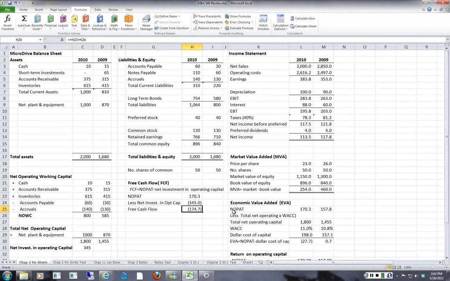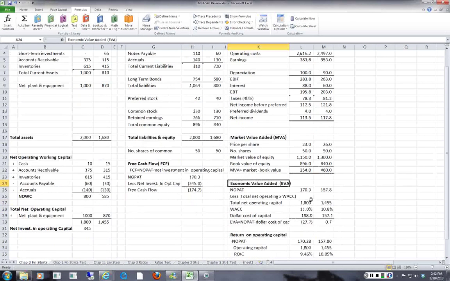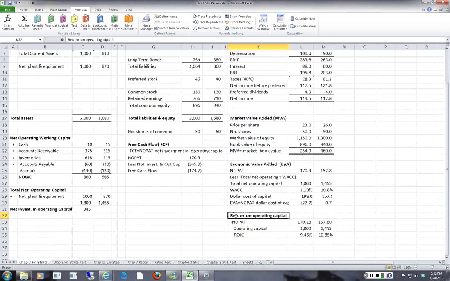Now, what we're going to do with that, we're going to go over here to this economic value added. First of all, let's go down here to the return on operating capital, which is we take NOPAT, which is 170.3. Actually, it's 170.28, and 157.8 for the preceding year.